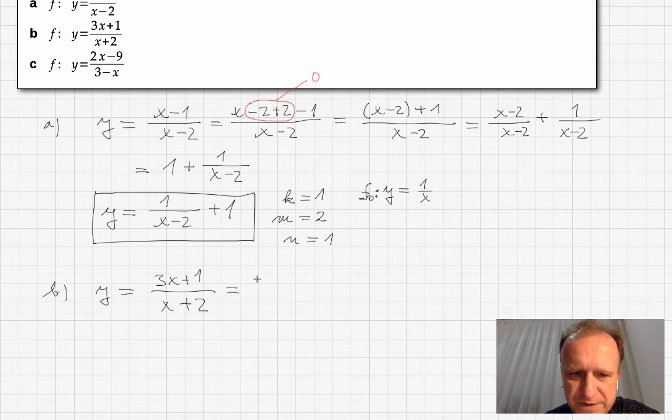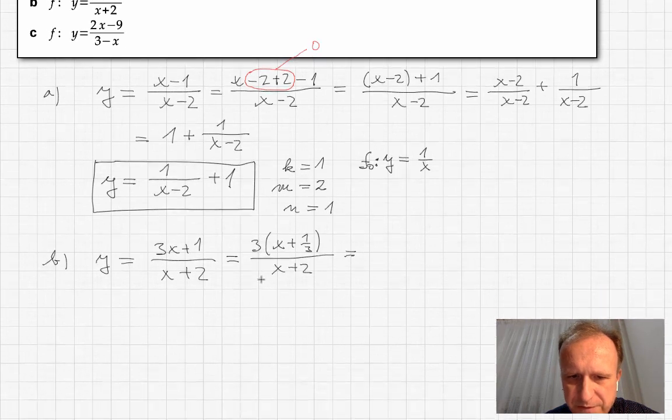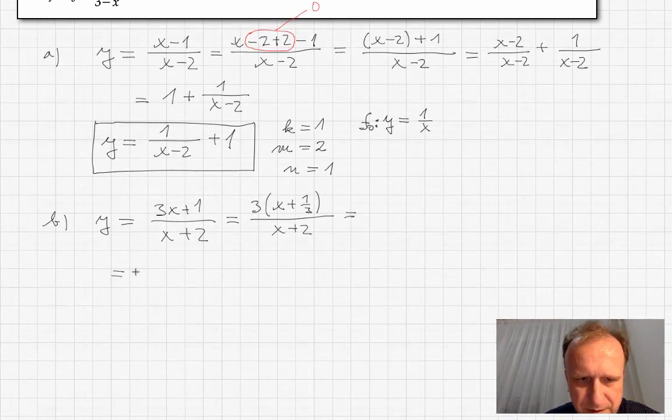So what I do is the following. I take out the number 3 in the numerator and get x plus 1/3 divided by x plus 2. Now I will move this coefficient 3 in front of the fraction as follows. It's 3 times x plus 1/3 divided by x plus 2.